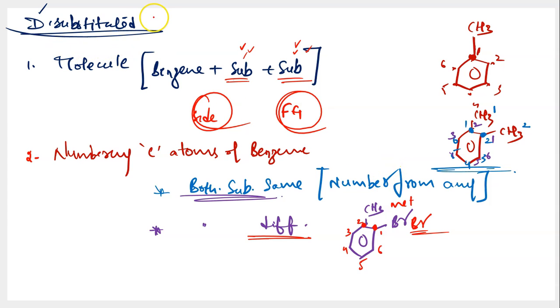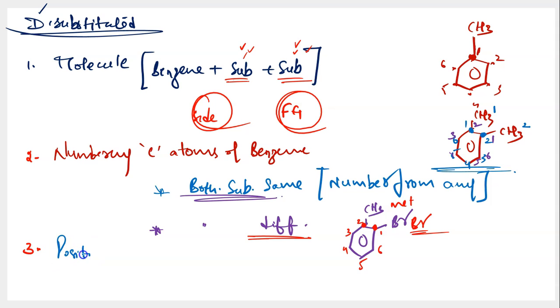In order to name the disubstituted benzenes, you first have to observe the molecule and its composition, give the prefix names, followed by numbering the carbon atoms of benzene according to the rules that you have learned. And then you go ahead with step number 3. In step number 3, you write the IUPAC name.